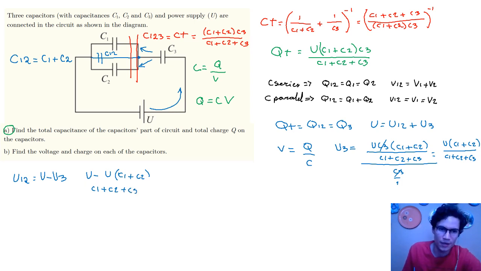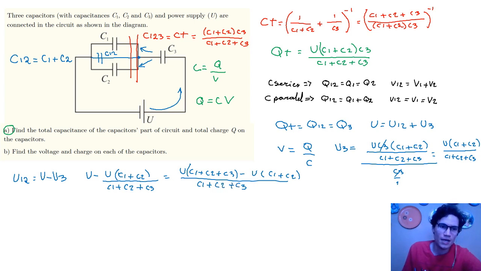Sorry, to be correct in the representation, this is equal to U times C1 plus C2 plus C3 minus U times C1 plus C2, everything over C1 plus C2 plus C3.